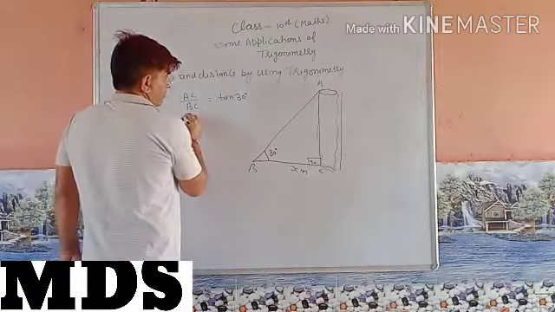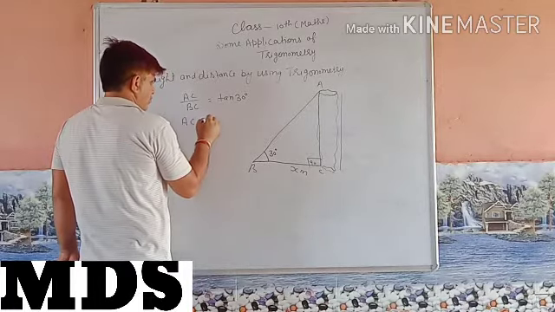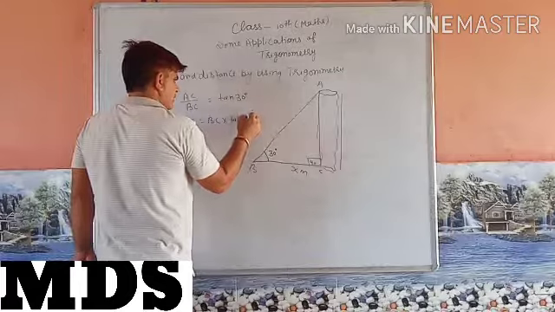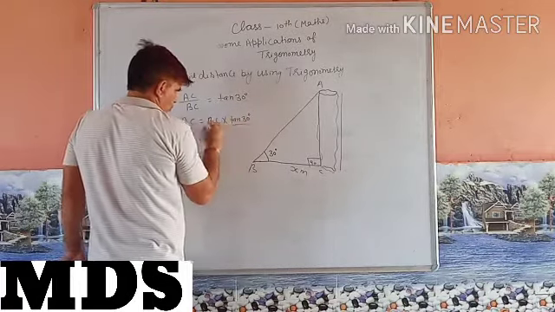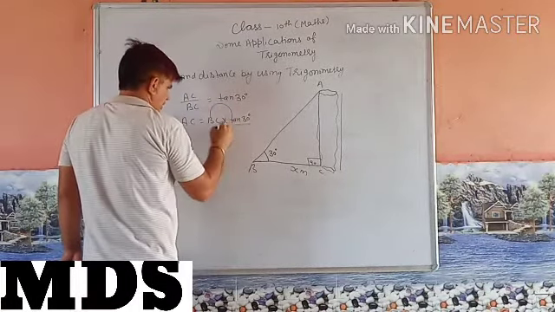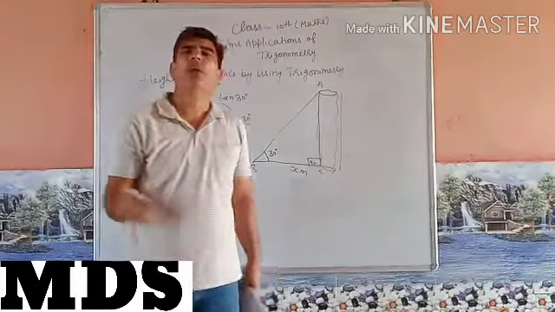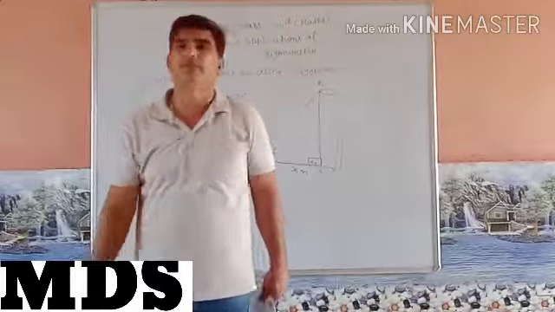So AC is equal to BC into tangent 30 degrees. This value you know, this value you know, multiply these two and you get the height of this building, this Qutub Minar.